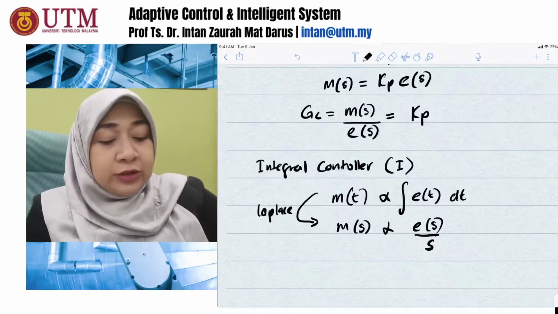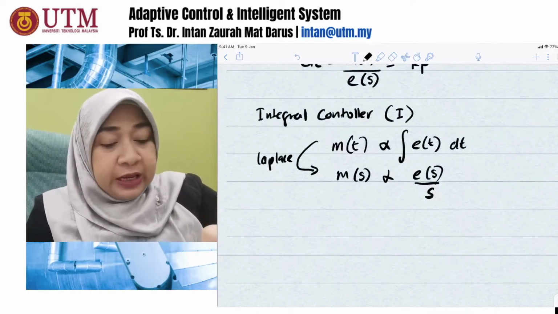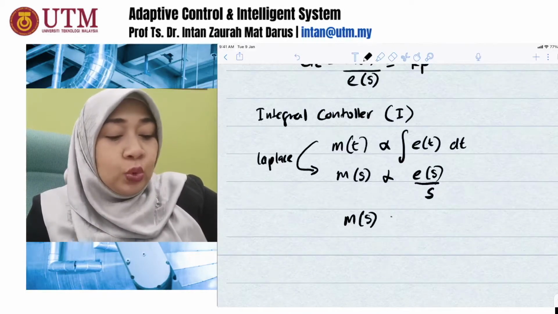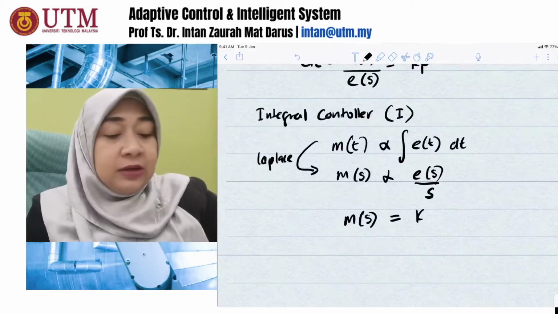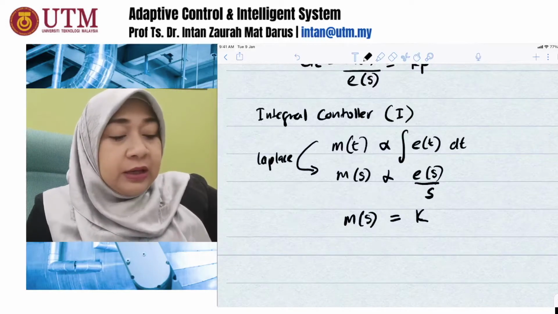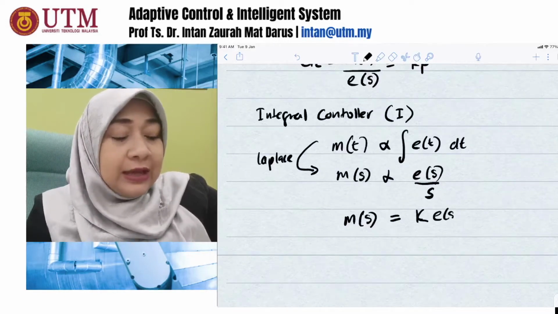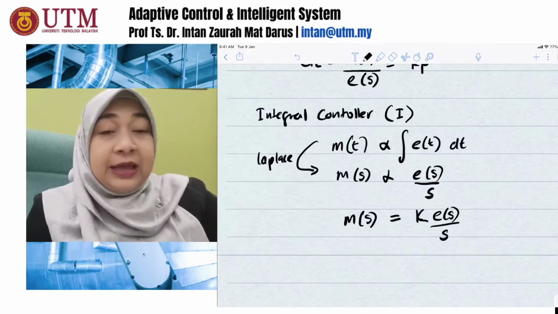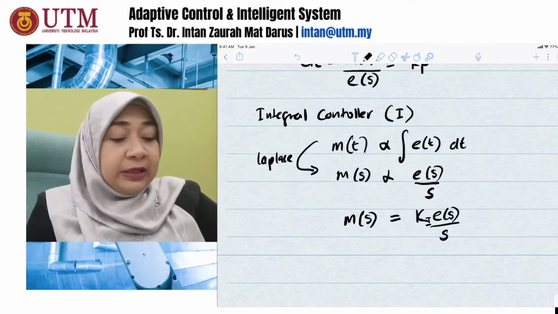If I want to remove that proportionality, M(s) is equivalent to K, whatever gain it is, times E(s) over s. Since this is the integral controller, I'm going to call that gain Ki. So then you get your parameter Ki.